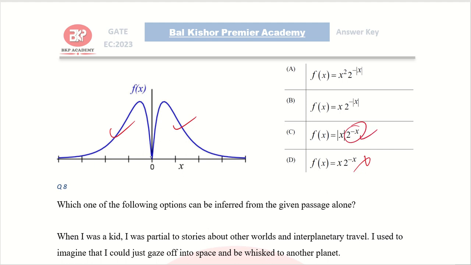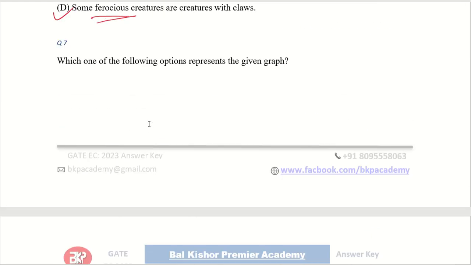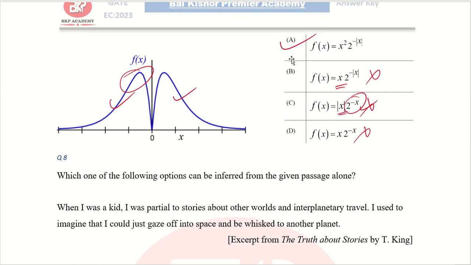It is not going to give you this particular graph, because even if it is even for mod x, this also does not give you because x is odd. So only this is the option and it will give you the correct solution. So for question number 7 it is option C.